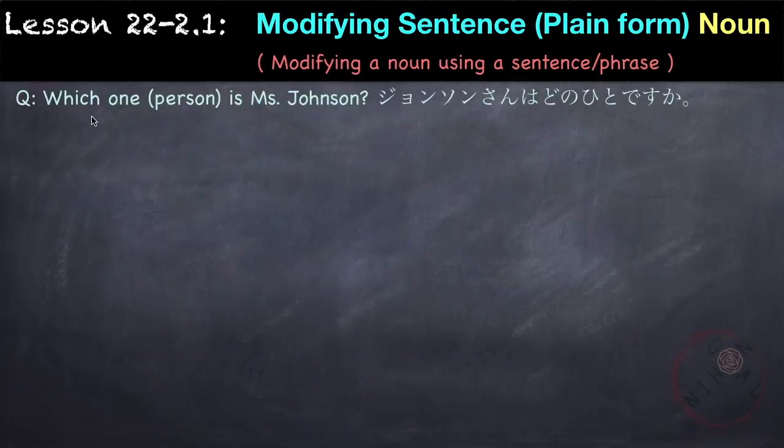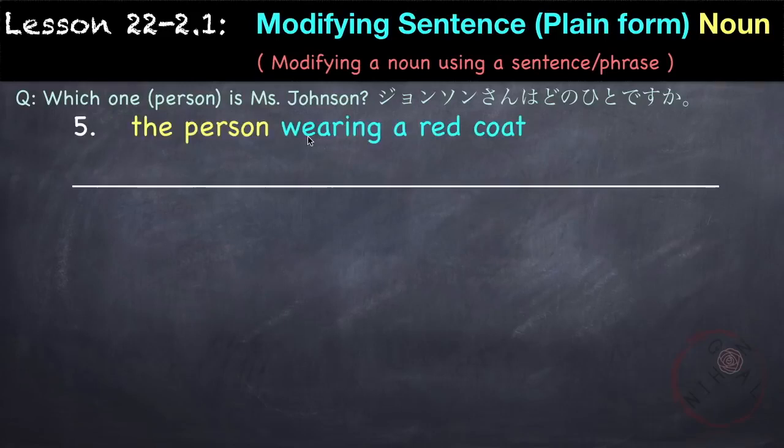For example, there is a question like, which one or which person is Miss Johnson, or Johnson-san wa dono hito desu ka? The person wearing a red coat. So our modifying sentence is wearing a red coat. If you check out our vocabulary list, you'll know that there are different ways to say to wear something.